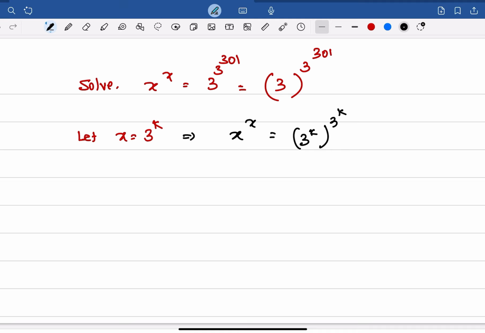That means a to the power of b to the power of c, which implies 3 to the power of k into 3 to the power of k. That is equal to 3 to the power of 3k to the power of k. Or else we will keep it like this only: 3 to the power of k into 3 to the power of k, where k is multiplied with 3 to the power of k.